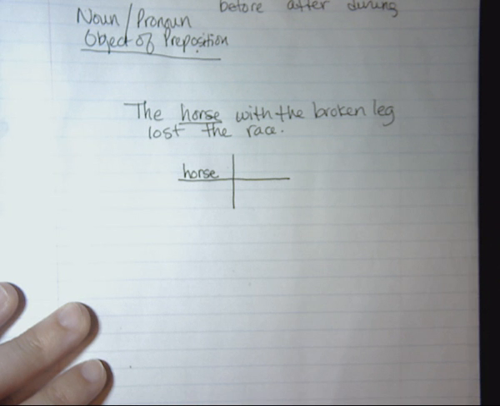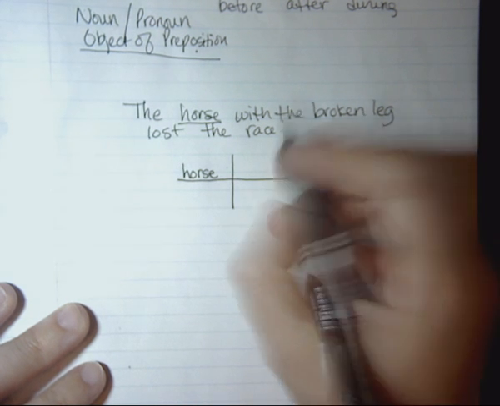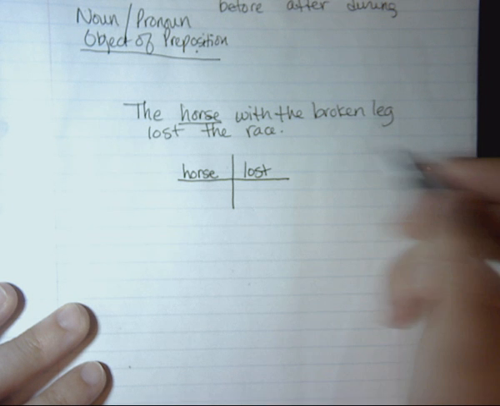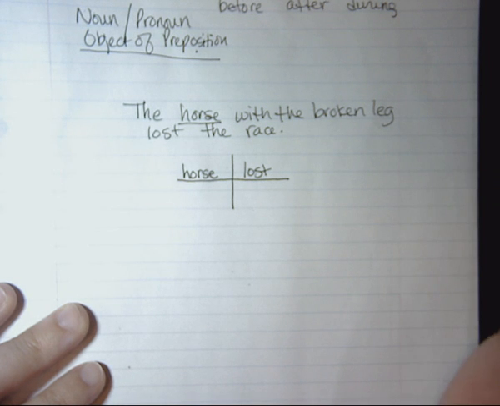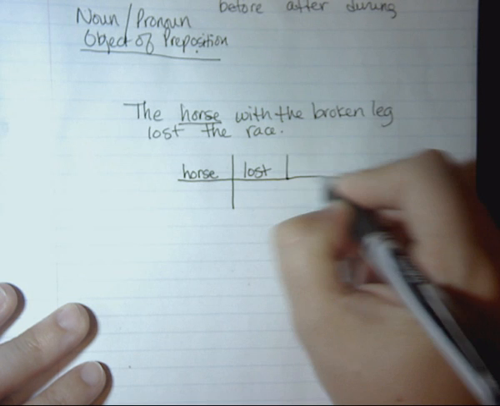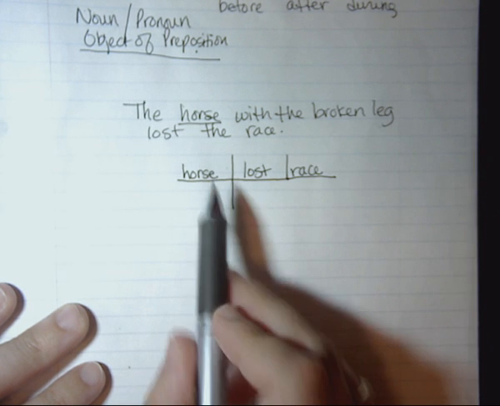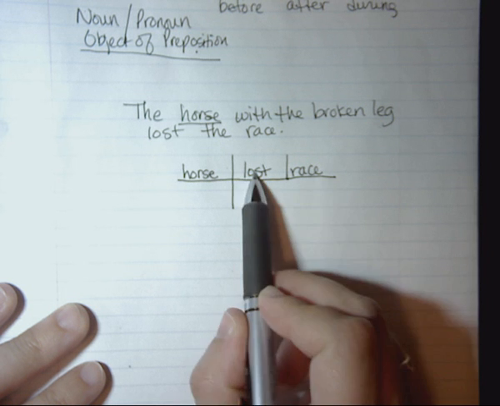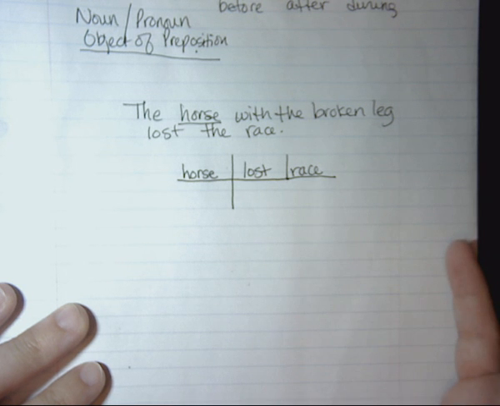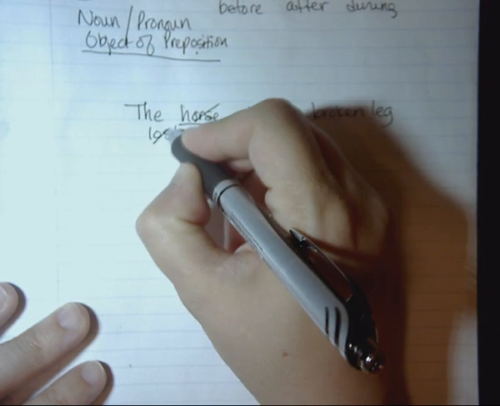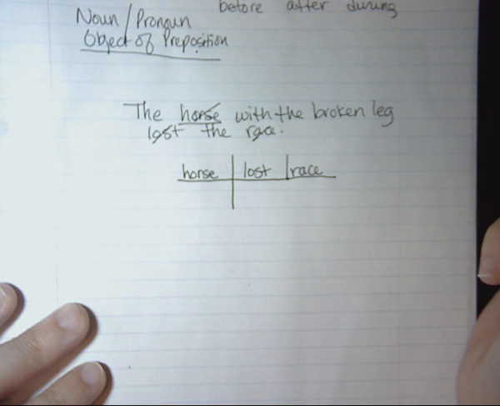It's the person, place, or thing doing the action. And our verb, what did the horse do? Lost. Okay, horse lost what? Race. So, just like before, we have our subject, our verb, and our direct object. Now, I like to cross these off. I like to treat this like a puzzle. So there's the 3 I've used.